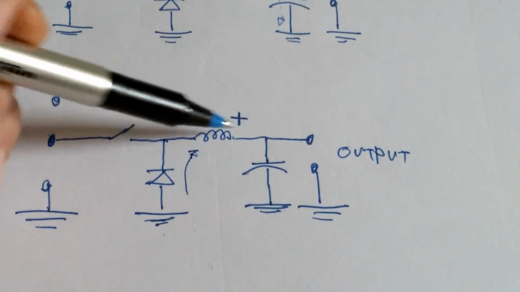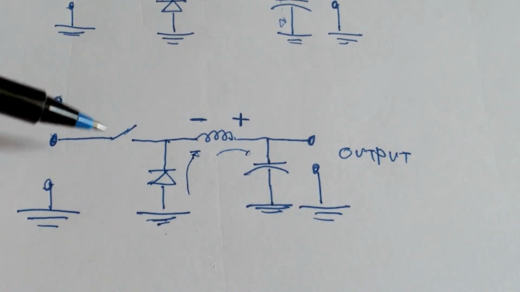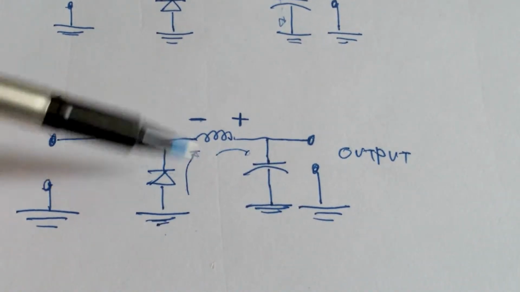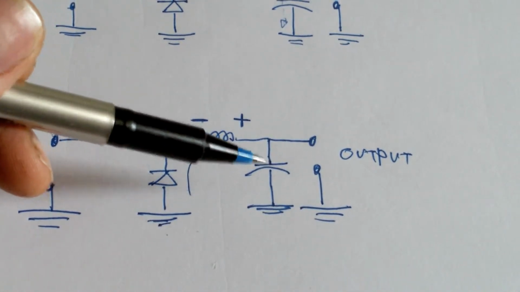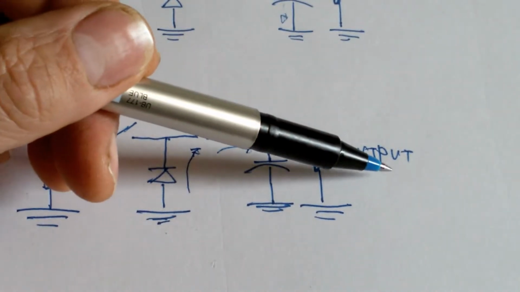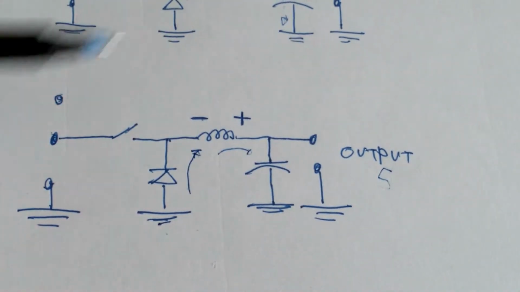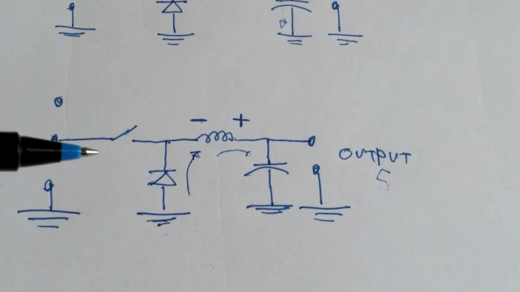So this process is repeated on and on, fast enough for this switching device to charge and discharge your inductor and charge your capacitor. Then you will have a steady output voltage that is governed also by the switching action of this chip.